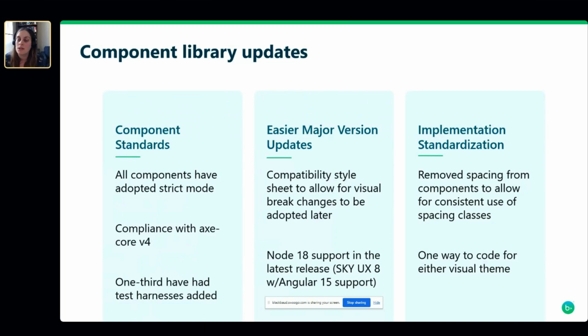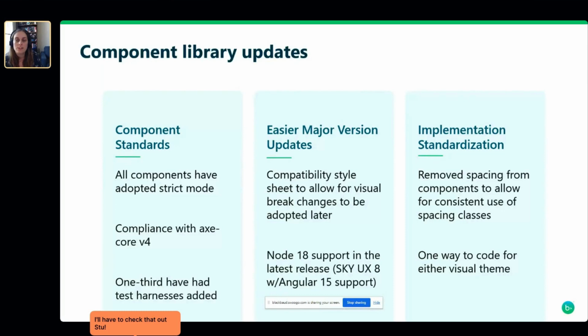And so all of our components are compliant with strict mode, meaning that your project itself can have strict mode enabled and see success there. We also updated all of our components to have compliance with Axe Core version 4. So that's their latest library as far as accessibility tests go. We've added test harnesses to about a third of our components, and we'll continue to work on that, as you'll see in the next slide.